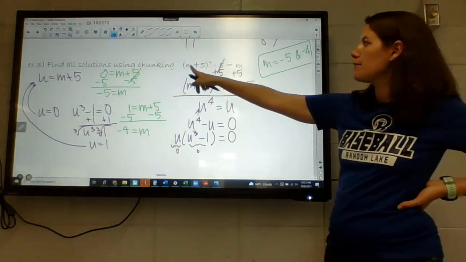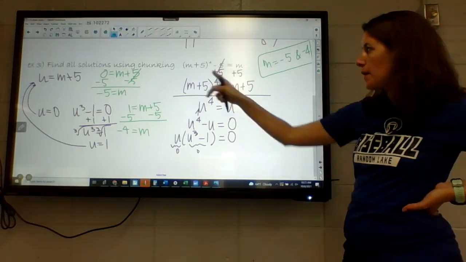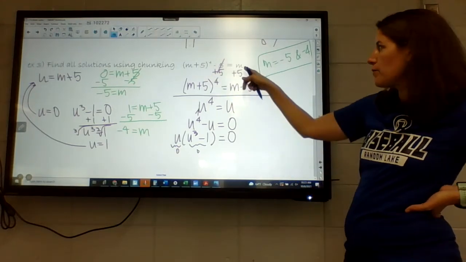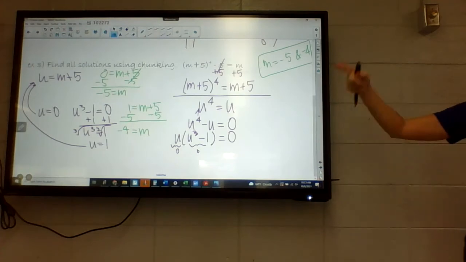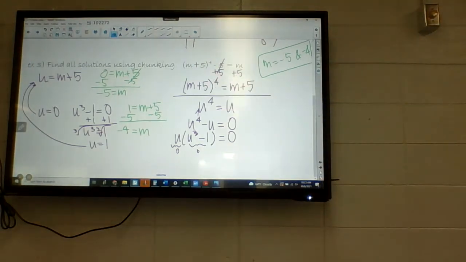If I put -5 in, -5 plus 5 is 0, to the 4th power is just 0. Minus 5 is -5, well that equals -5. If I put -4 in, kind of same thing happens. -4 plus 5 is 1, to the 4th power is 1, minus 5 is -4. So they both work. It's just breaking it into a different type of problem, making it the problem we want it to be.